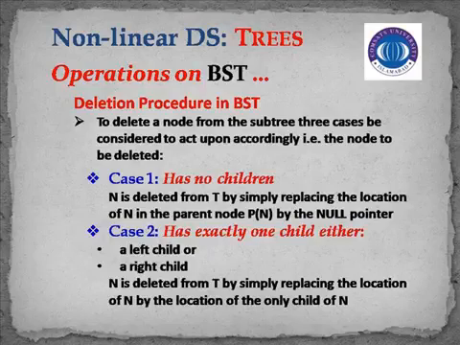In case 2, when the node to be deleted has exactly one child, either a left child or a right child, then n is deleted from T by simply replacing the location of n by the location of the only child of n.